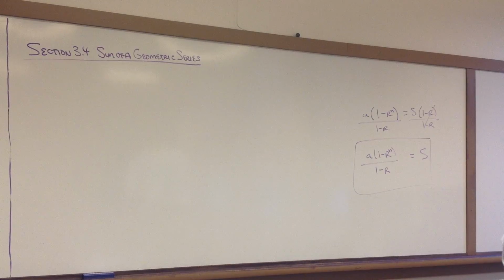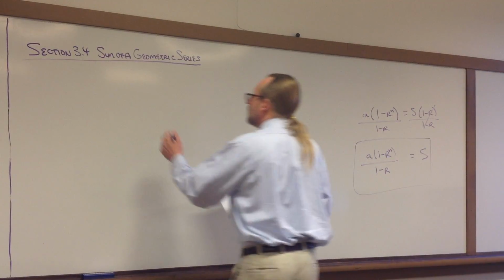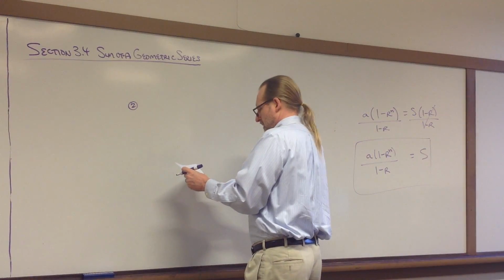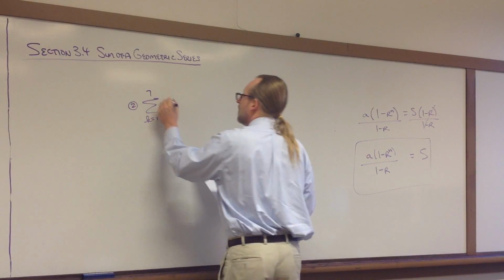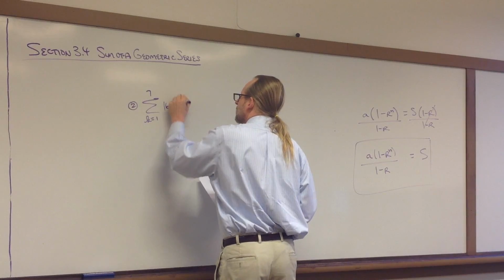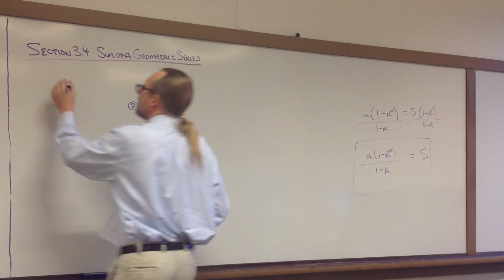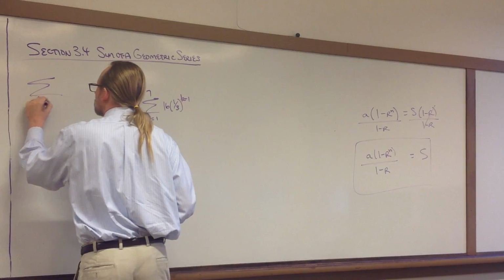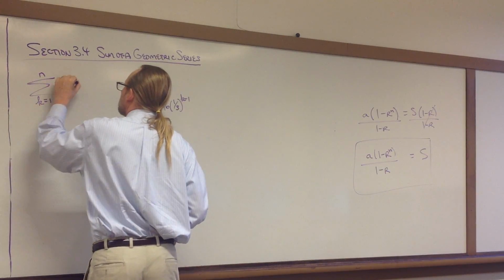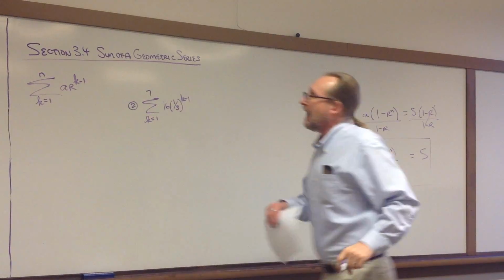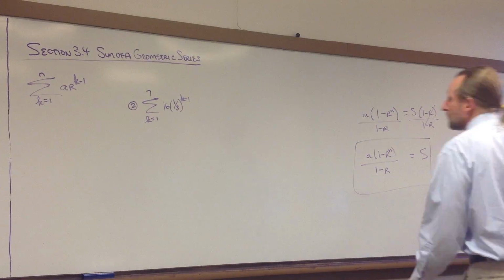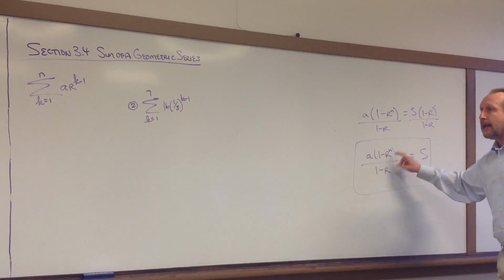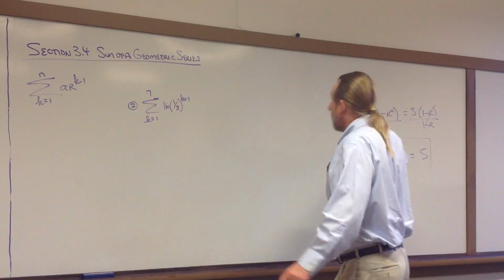Okay, so problem 2. We've got this sum, k equals 1 to 7, 16 times 1/3 to the k minus 1. The key in doing these problems is that our series has to be in standard form, so that when we draw out the values for a, r, and n, they're correct when we plug them in.